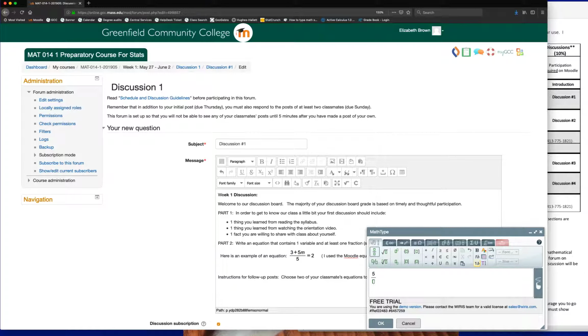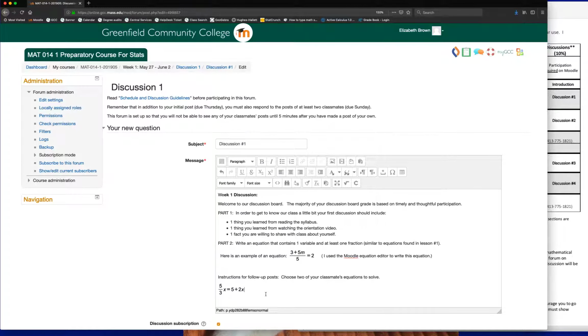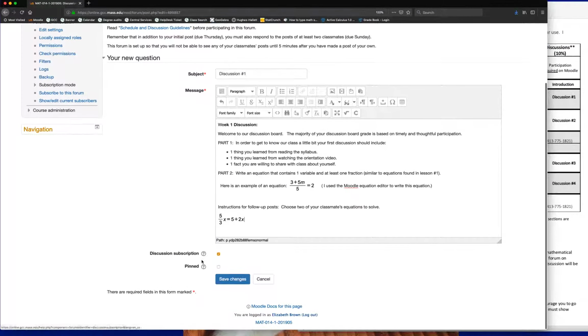So you can maybe put fractions in, and you can write a nice equation for your classmates to be able to see. When you click OK, it shows up on your discussion.